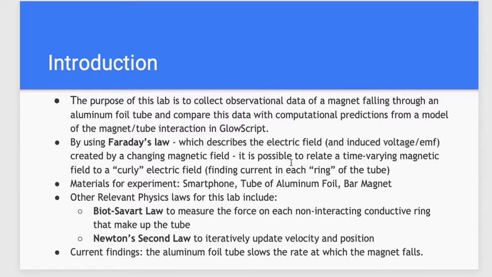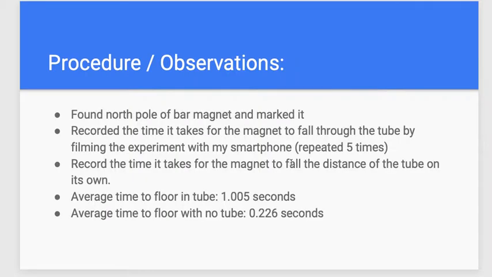And my findings from Lab 5 were that the aluminum foil tube slows the rate at which the magnet falls, and this did line up with the data that was produced from my model.